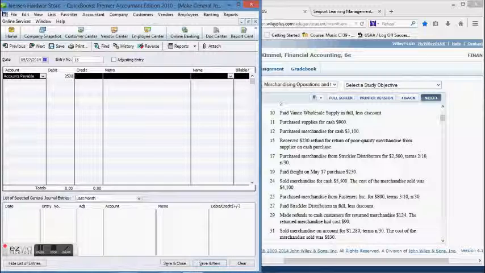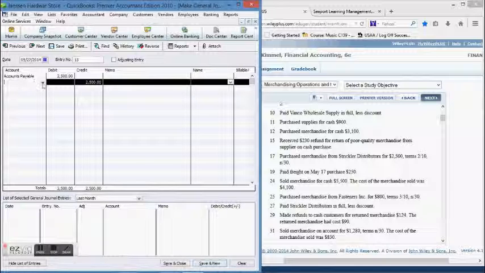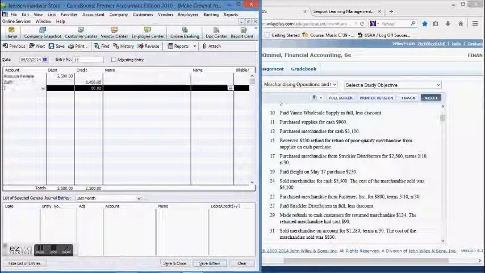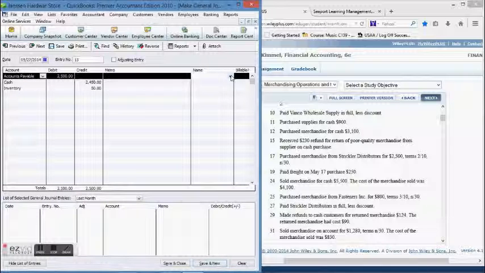So 2,500 times 0.02, excuse me, gives you the 2% amount. $50, and that's going to come out of our inventory value. Name, Strickler Distributors. Noticing that we've paid him in full now. No longer need to pay him back.